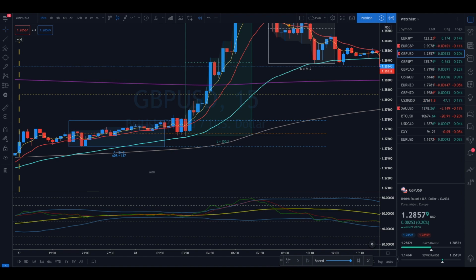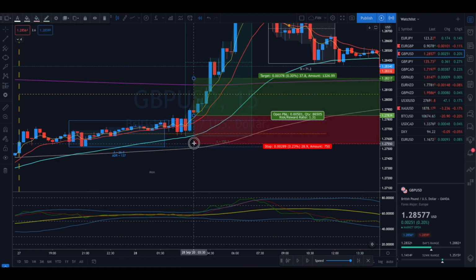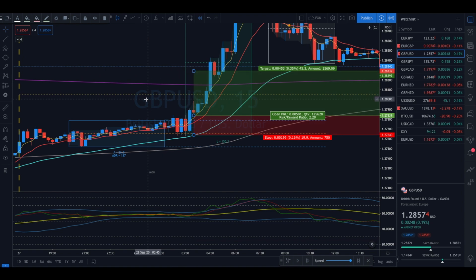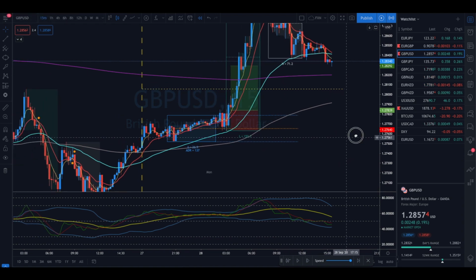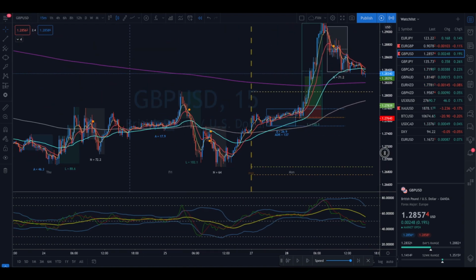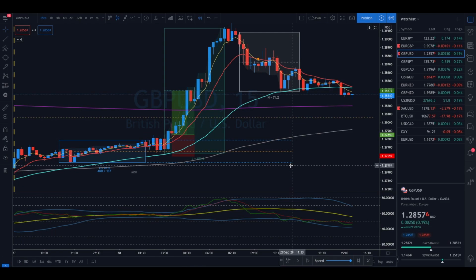And so same idea, wait for the pullback. And there's the 2-to-1 risk to reward ratio. And that's the trade. Same thing. So that would be the trade here.